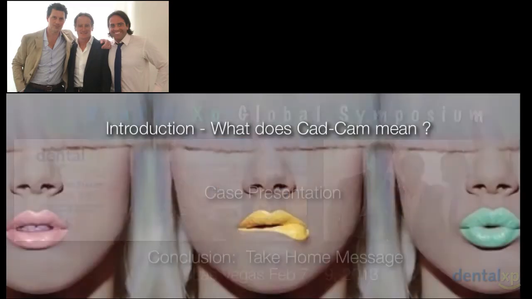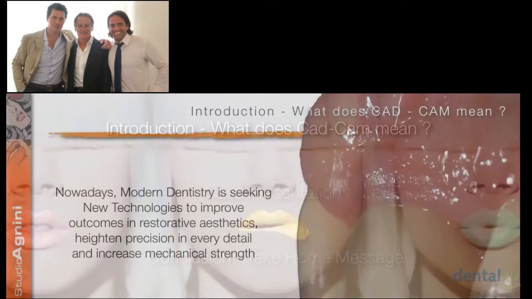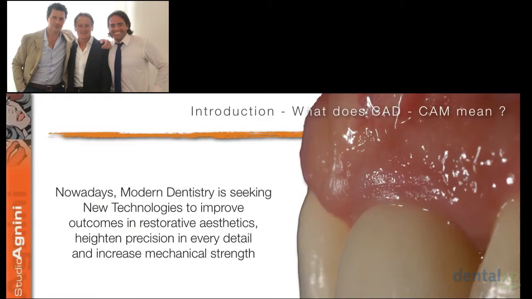As I was saying, let's start and let's introduce our topic. Nowadays, modern dentistry is looking for new technologies in order to have better outcomes in restorative aesthetics, and not only aesthetics but also higher precision in every single detail that we do, and to increase the mechanical strength of the material that we use.